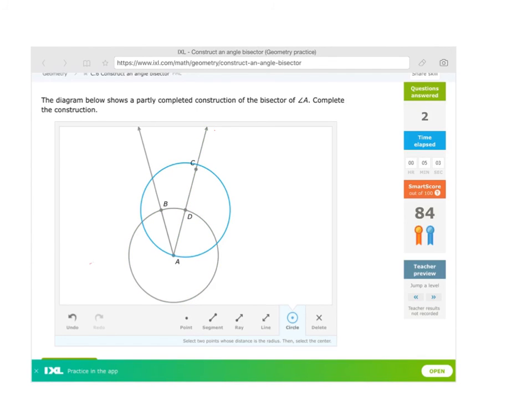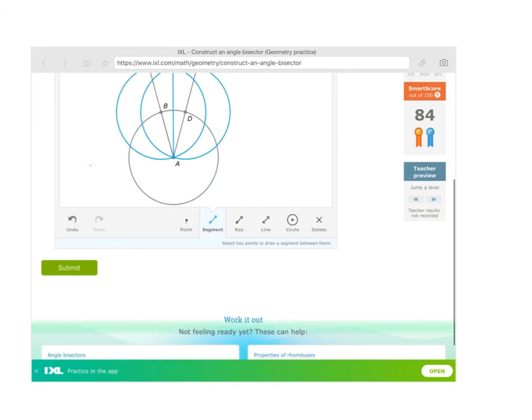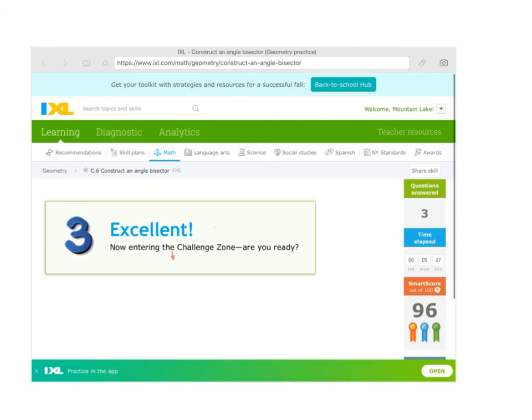Then we'll do the same thing with A and B and we'll make our center B. And now we reach this point of intersection, which we can mark over here. So let's mark our point, and let's draw the line segment from this point to A. And then submit. And that's how you get your score.